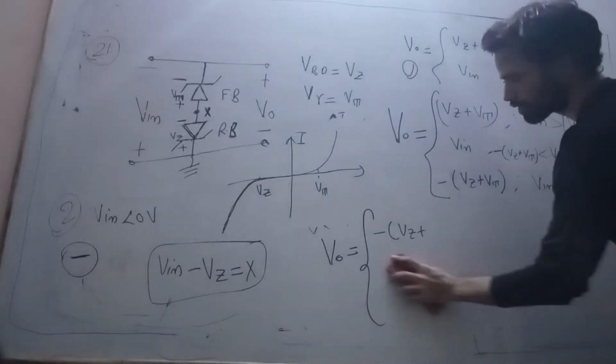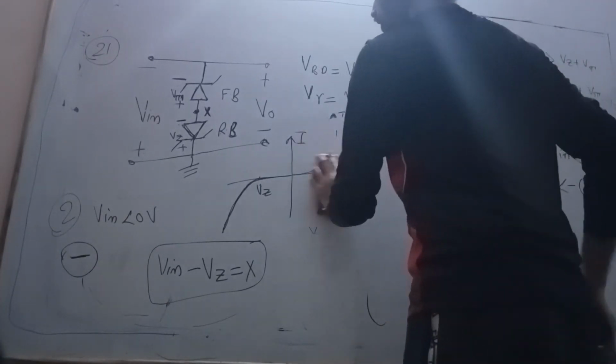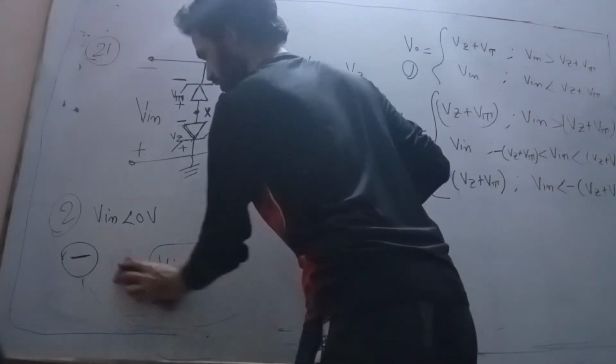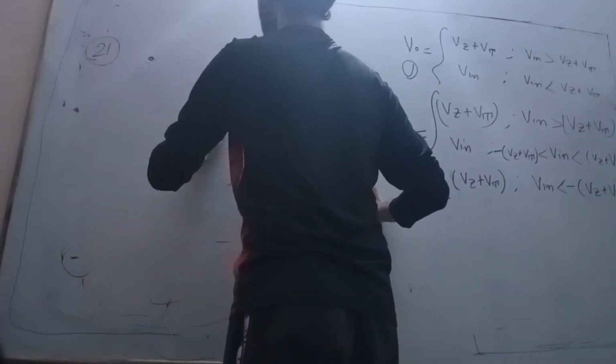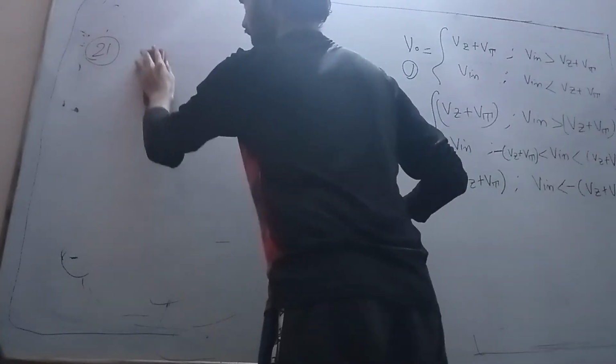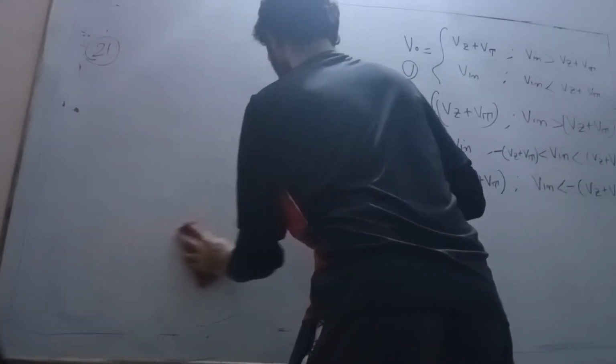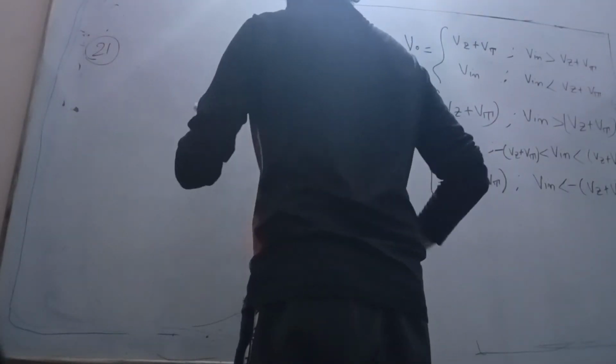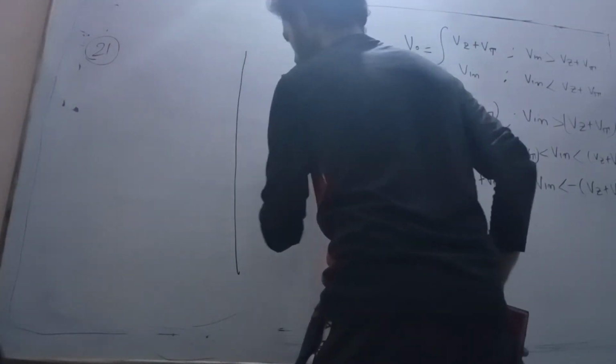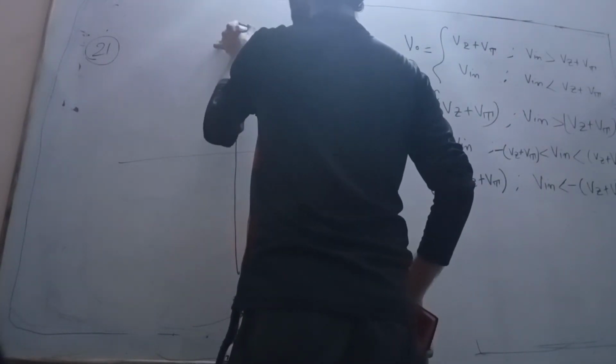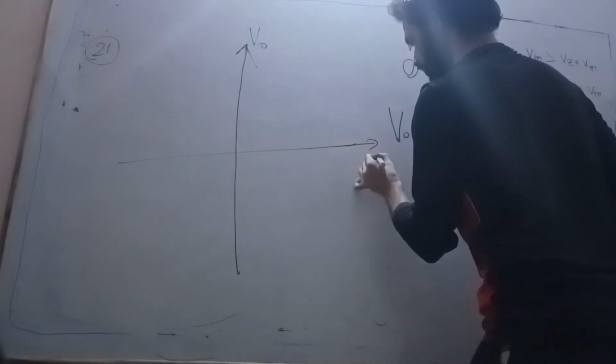Okay, so now we will draw the output characteristic for this circuit. We have done two cases, and under these two cases we are drawing the characteristic between output voltage and input voltage. See here, this is my V naught and this is my V in.